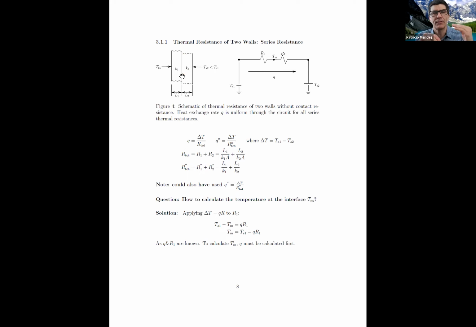So we have the heat coming by conduction from wall 1, and then the heat going by conduction into wall 2. I'm arguing that the heat that goes out by conduction, Q, of wall 1 is the same heat that goes by conduction into wall 2.